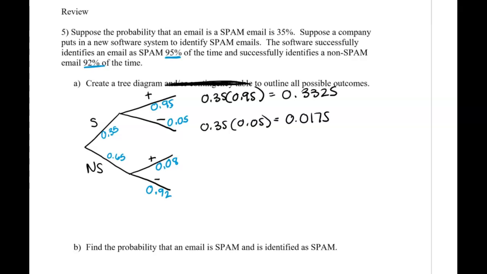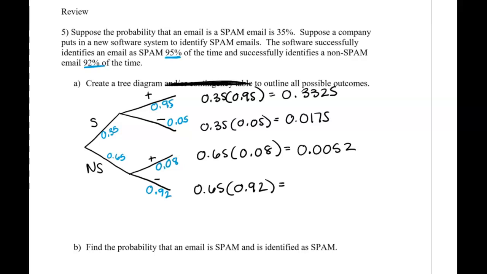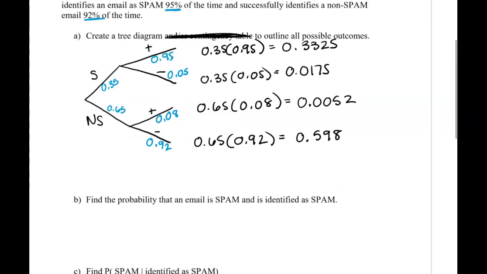Not spam says it's spam, 0.65 times 0.08, which is 0.0052. And then not spam correctly says no, it's not spam, is 0.65 times 0.92 equals 0.598.